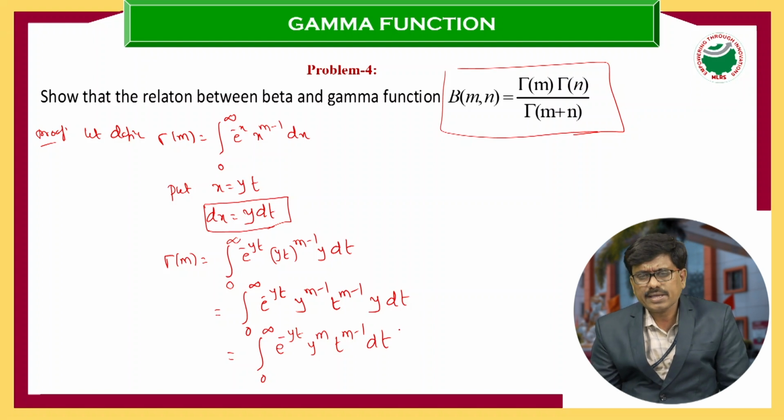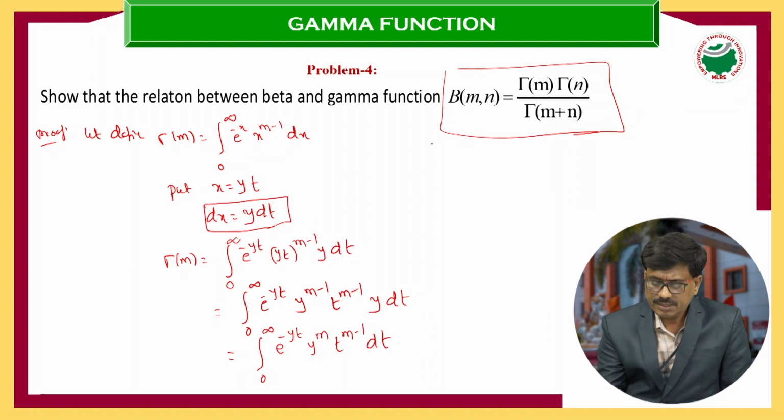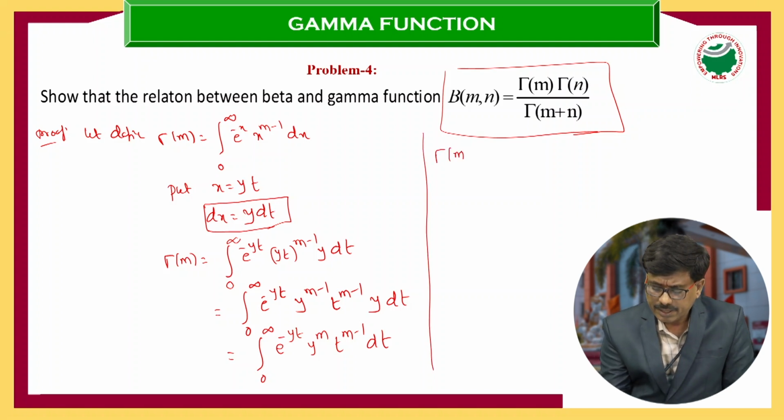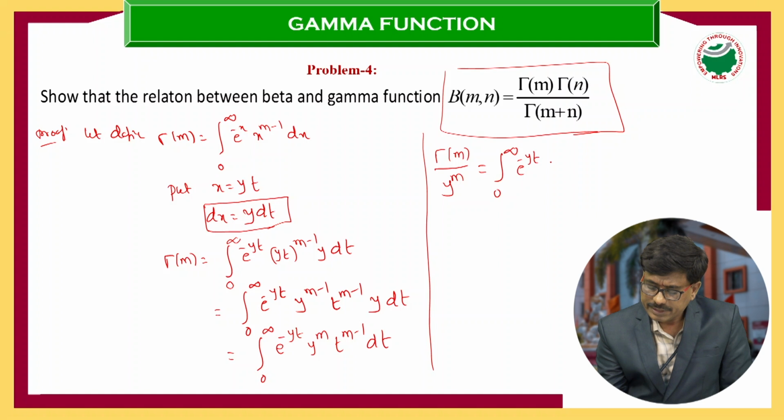Now look, this is in the variable t. It does not depend upon the values of y. Therefore, this value I can rewrite as gamma of m divided by y power m into integral 0 to infinity e power minus y t power m minus 1 into dt.